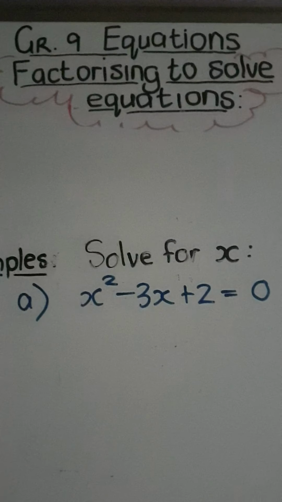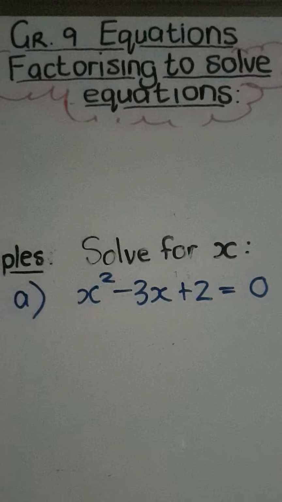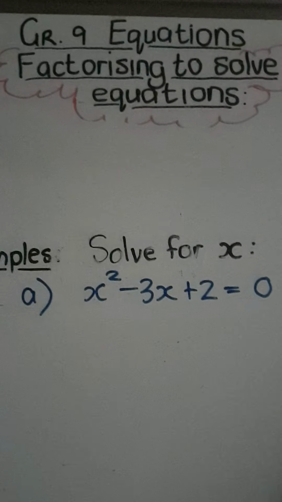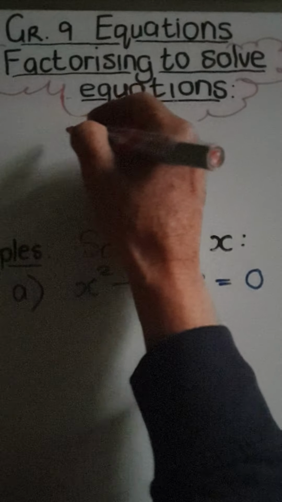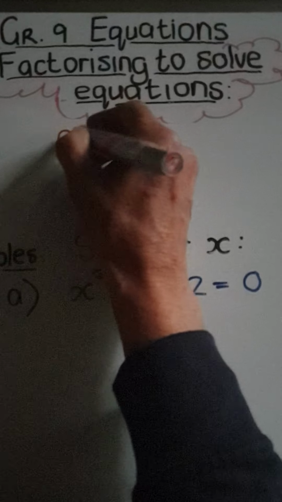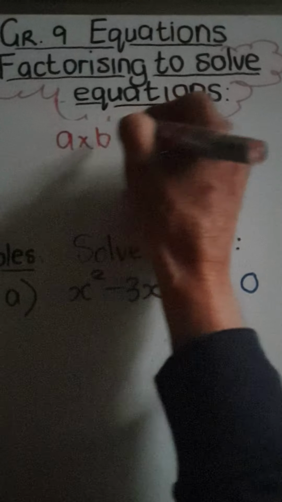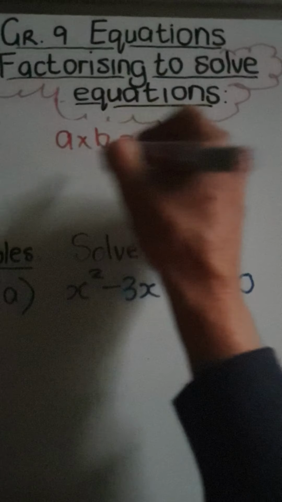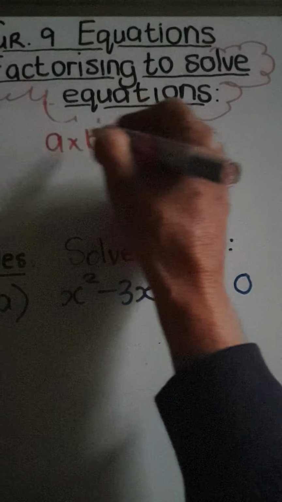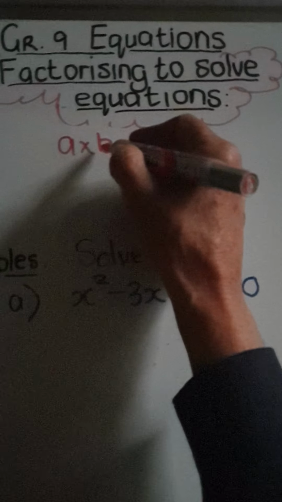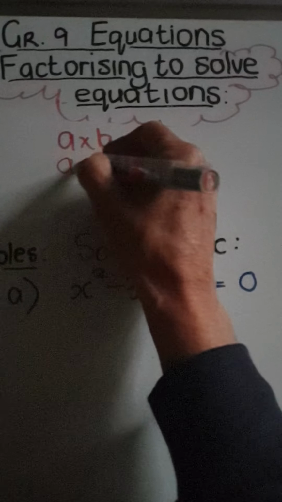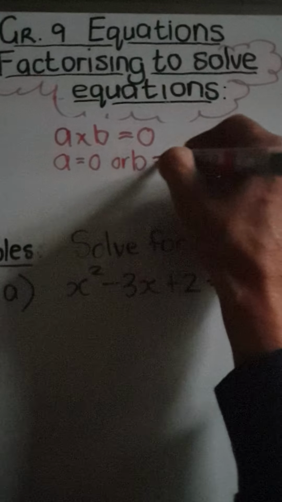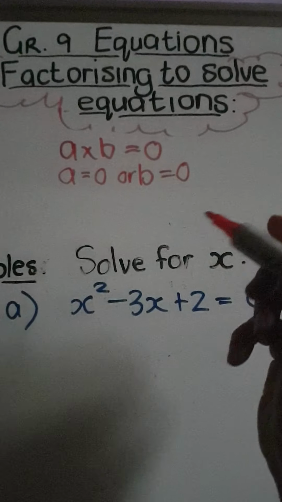In our previous lesson, we saw that factorising is a very handy tool to solve equations, because if I have a product of factors like a times b equal to 0 on the right hand side, then I can solve this equation because one of these factors must be 0. So either a must be 0 or b must be 0, or both of them can be 0.